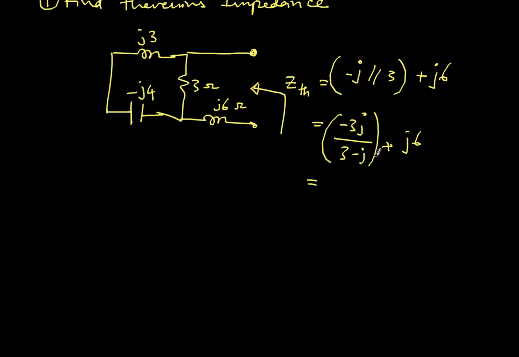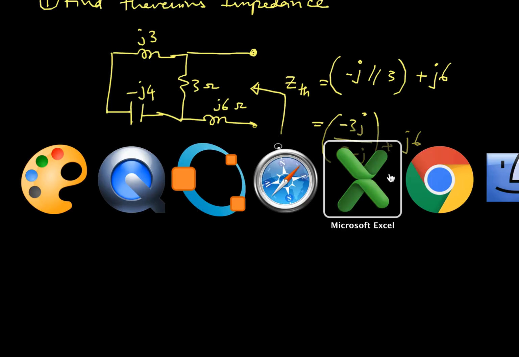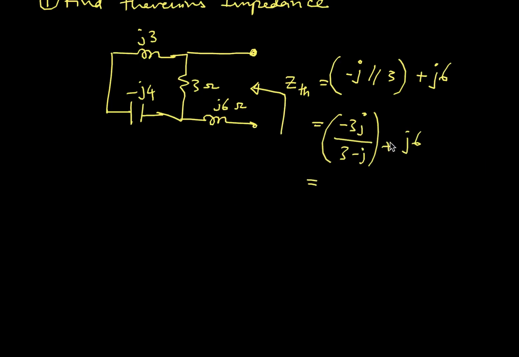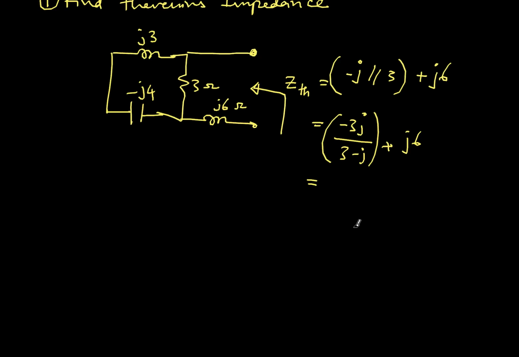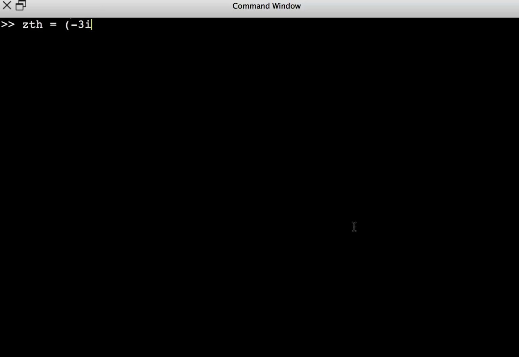So let's do this calculation. I'm switching over to my MATLAB window and here I'll do that calculation. Okay, so ZTH, Thevenin's impedance, is nothing but minus 3I divided by 3 minus I. Basically this is a parallel combination, plus 6I, is my total Thevenin's impedance.